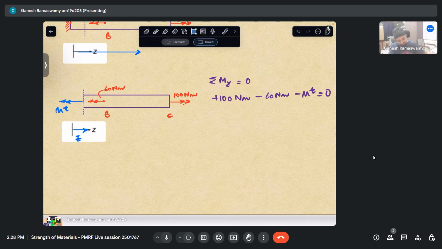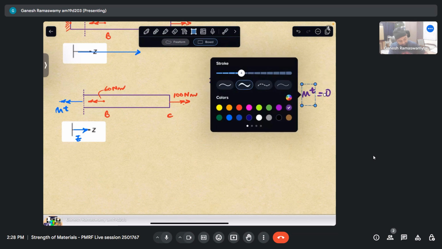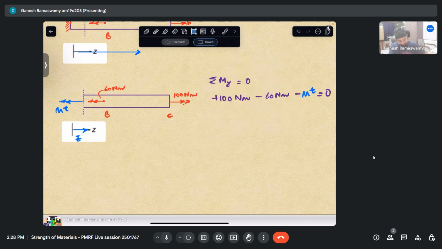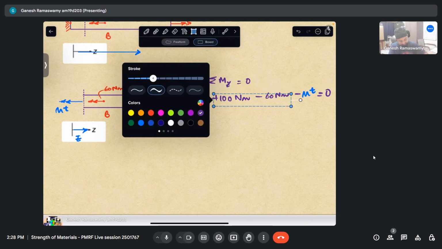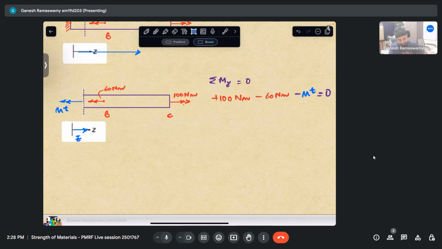In fact, let me follow the color code for better clarity. These two are red. So therefore, mt comes out to be 40 Newton meter.